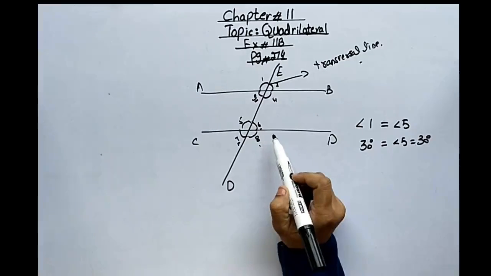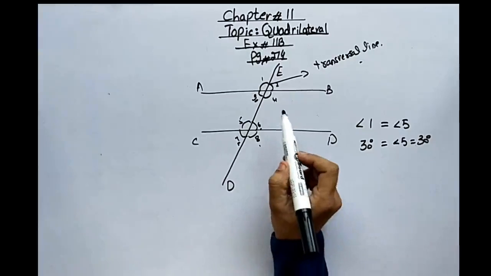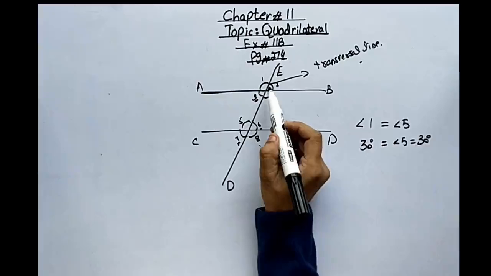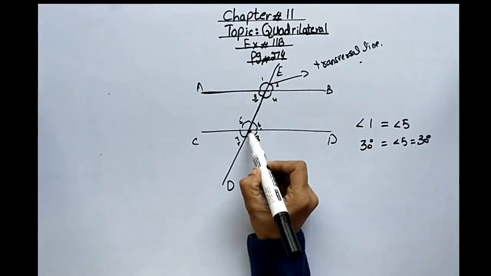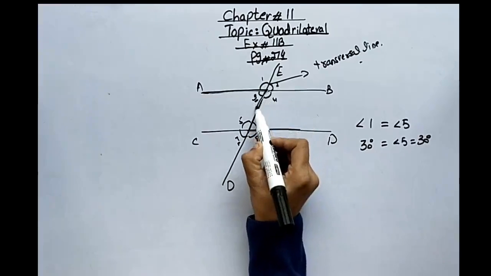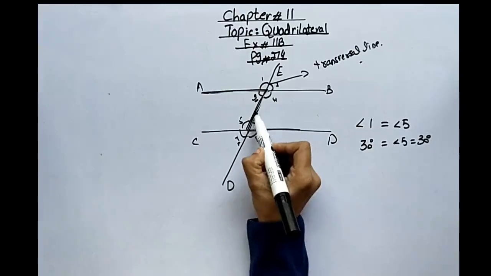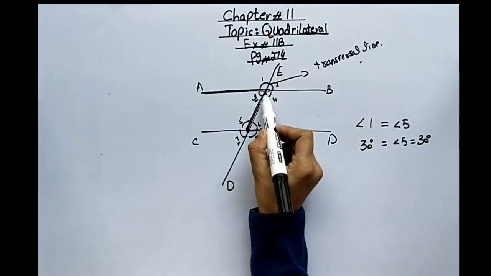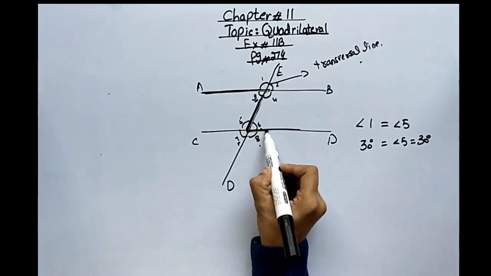And the next point is alternate angles. For alternate angles, first we make a Z pattern, just like this one. Look here. These two parallel lines and one of the transversals are making a Z pattern.